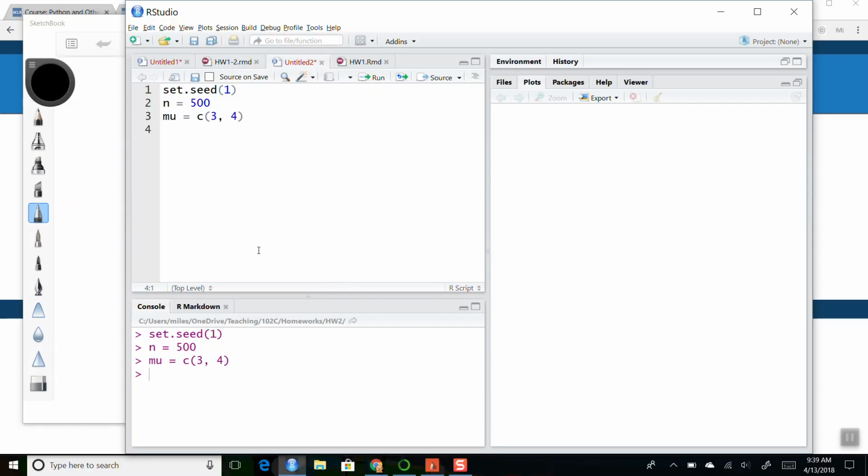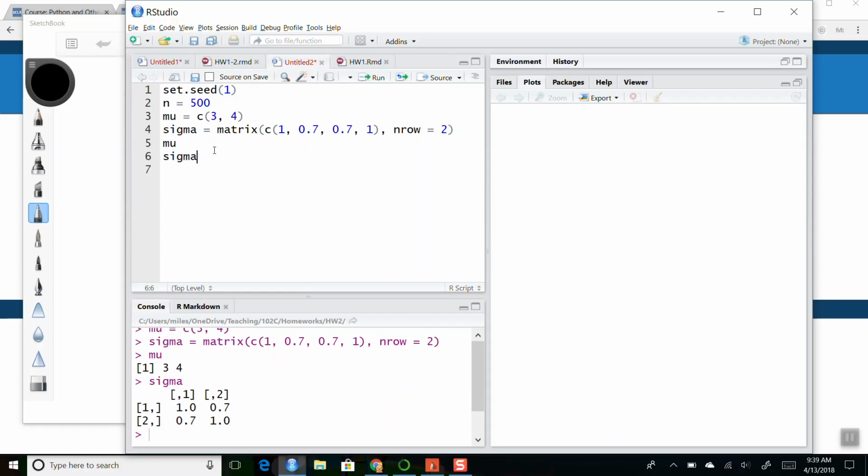These will be our coordinates, and we can create a sigma matrix with 1, 0.7, 0.7, 1. Okay, so that's what mu looks like, and this is what sigma looks like.